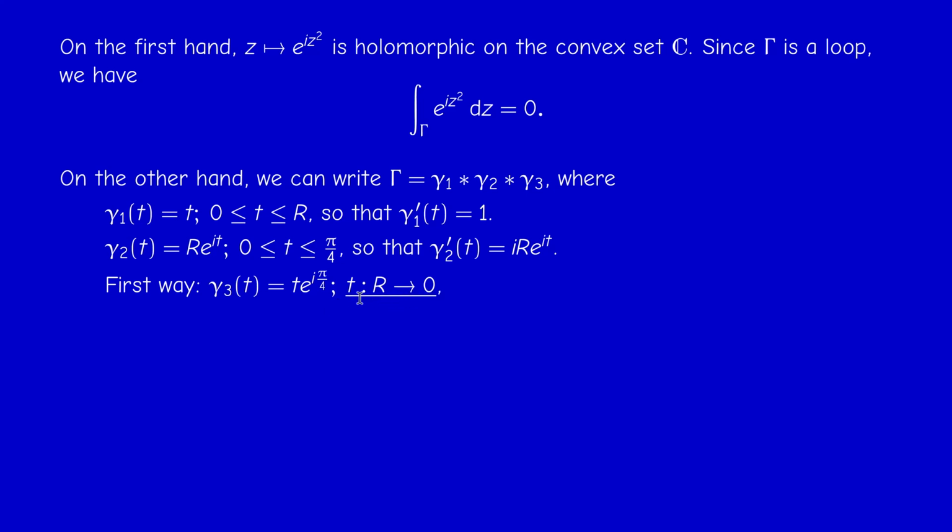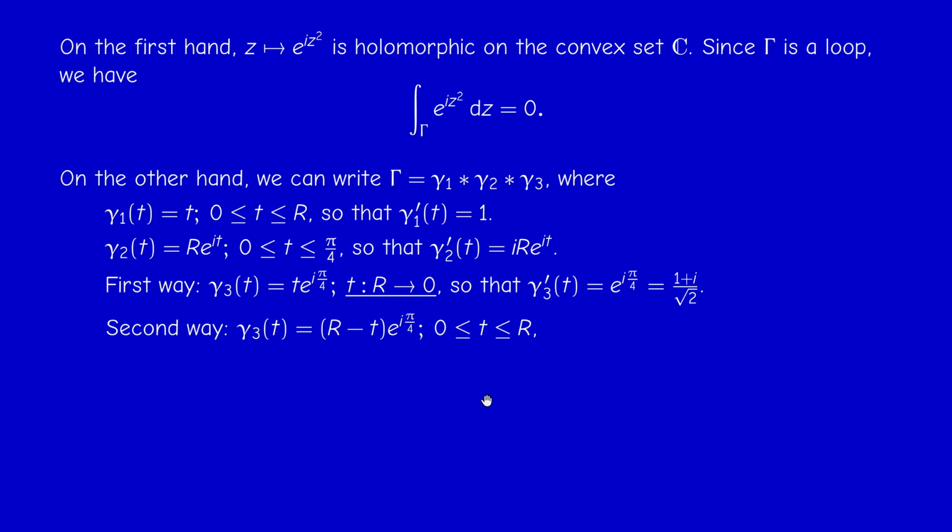When t equals r, we are at r e to the i pi over 4, and when t equals 0, at 0. This is one way that I find very convenient, and of course we can find the derivative, it's just a linear map. But this is not the only way. We can write r minus t, with t between 0 and r. When t equals 0, we're at r e to the i pi over 4, and when t equals r, we're at 0. This is the opposite, actually.